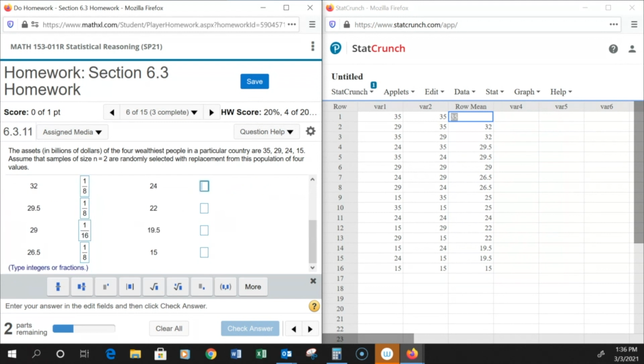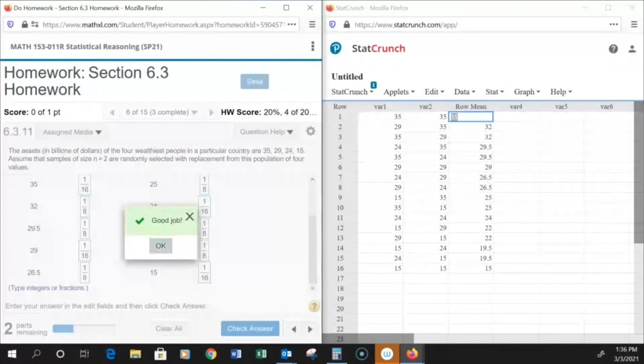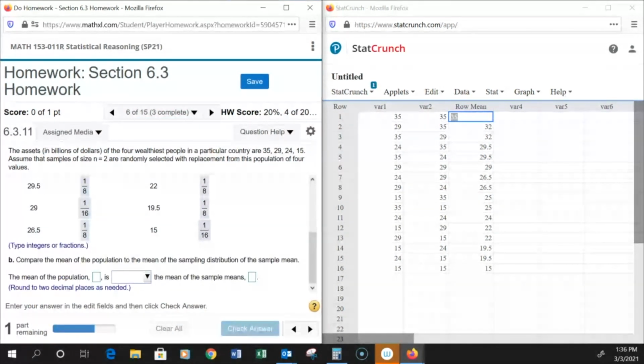How many 24s? There's just 1, so 1 out of 16. How many 22s? 2 out of 16, which reduces to 1 out of 8. 19.5s also reduced to 1 out of 8. There's only 1 15, and so it's 1 out of 16. Whew. It's not hard. It just takes you a little bit of effort. I seem to have lucked out.